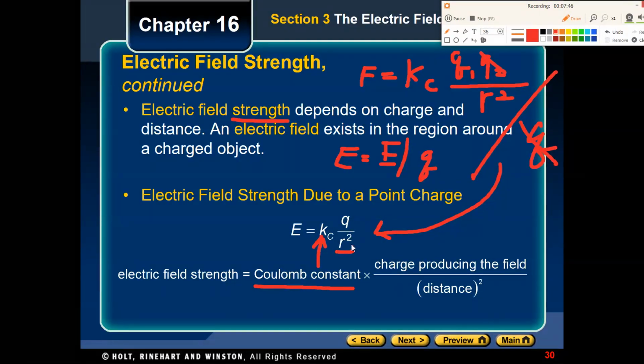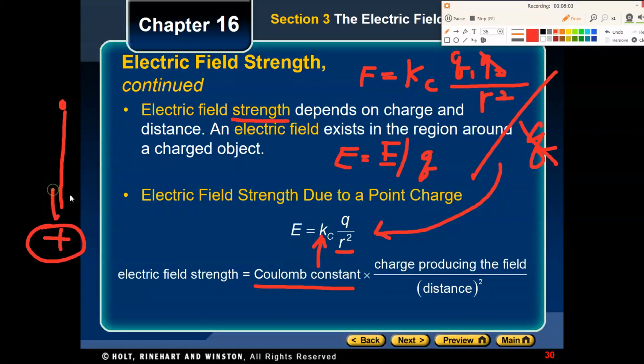So what's the distance? You have a charge, and you want to figure out the electric field strength at this point generated from this charge. The distance is from the charge to the point, because the strength of the electric field depends on distance from the charge.